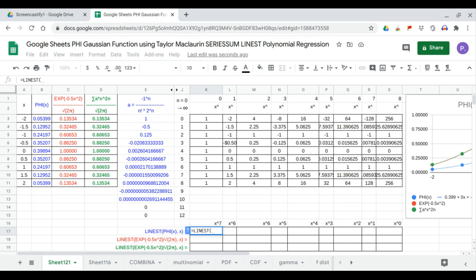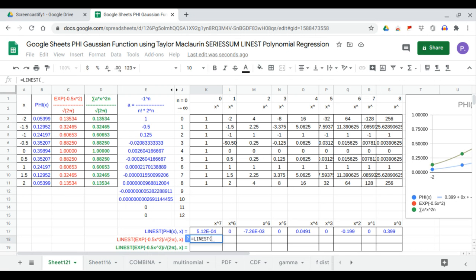LINEST starting with the phi function, comma, that's our data y and data x. And the exponential form, or the gamma, the exponential form of the Gaussian function.